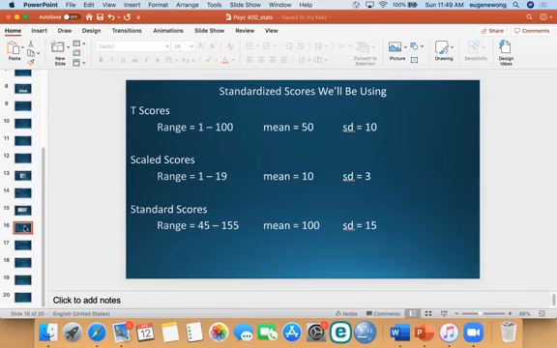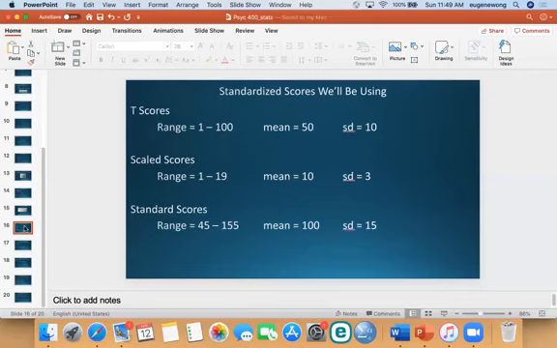I'm just going to give you the core characteristics of 3 kinds of standardized scores that we're going to use over and over and over when we do testing.